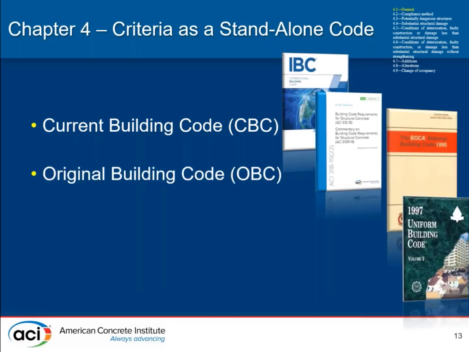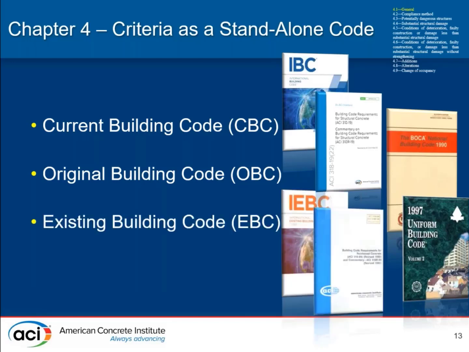We can talk about the original building code, which is the code that was used to design and construct the structure originally. The original building code might be a working stress or allowable stress design based standard. And if a structure has a later addition, then there would be two or more original building codes, one for the original structure and perhaps a different original building code for the addition.